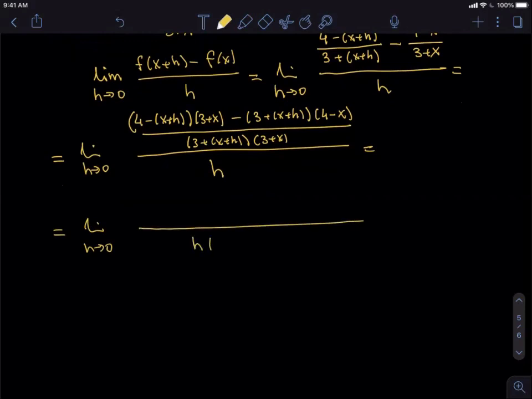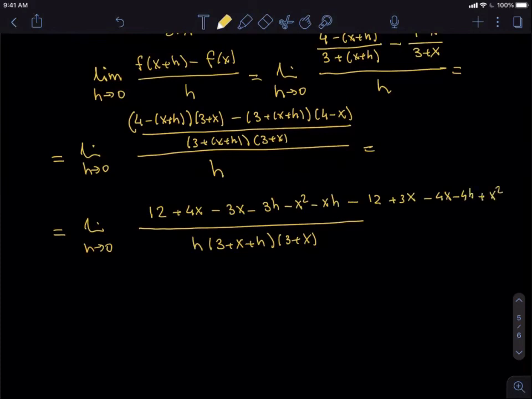This is 3 plus x plus h, 3 plus x, and then the numerator, this is going to be 12 plus 4x minus 3x minus 3h minus x squared minus xh minus 12 plus 3x minus 4x minus 4h plus x squared plus xh.